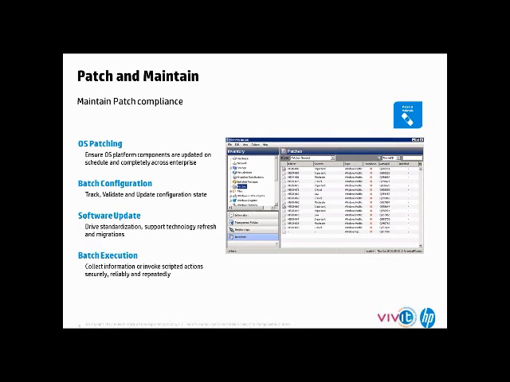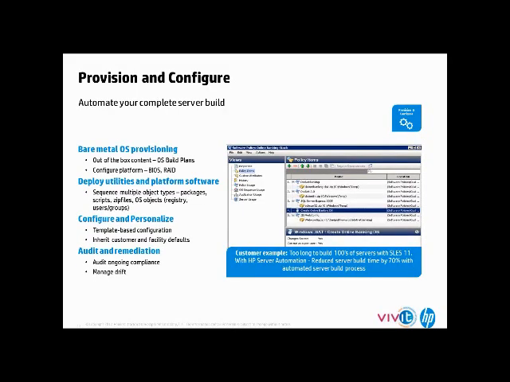Okay. I just want to mention here something called configuration drift. In case you want to know what changed in my server configuration from the standard that I deployed for this system, it can let you know, hey, Mr. Administrator, this is what changed since the standard configuration that I deployed for this particular server.